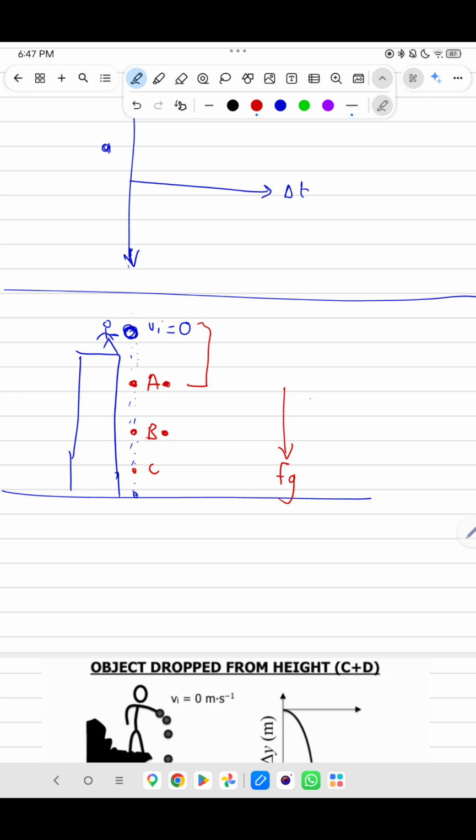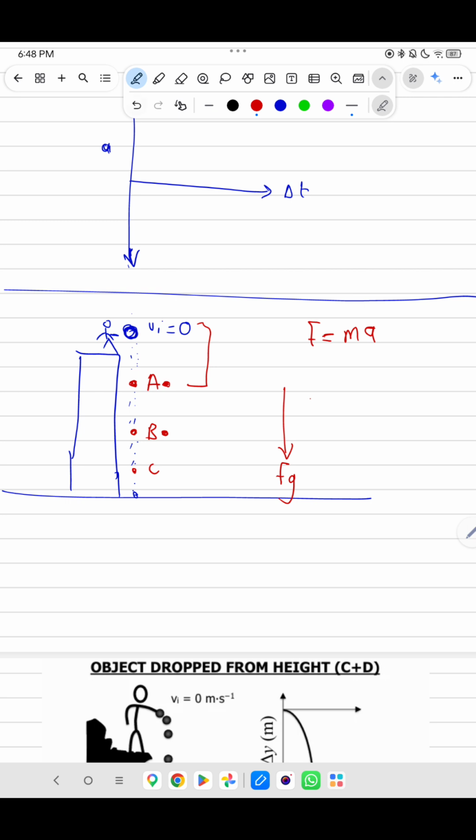And we do know this formula: F net is equal to ma. Where there is a force, there is also an acceleration. They exist together. One cannot exist and the other not exist.